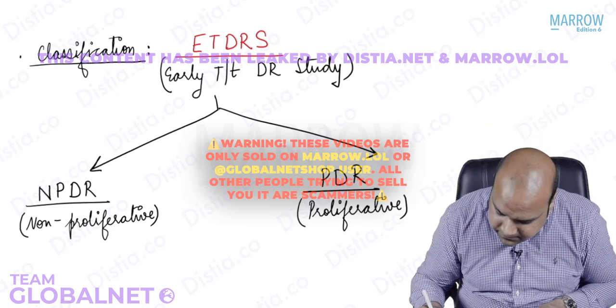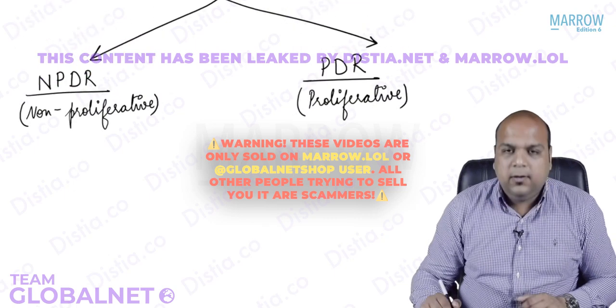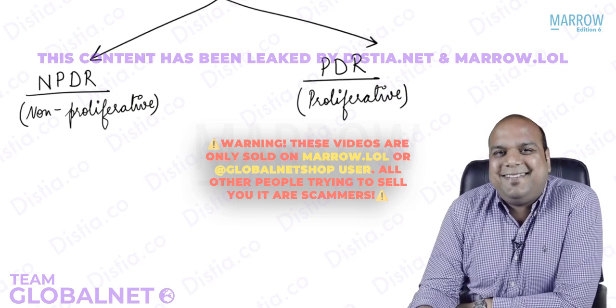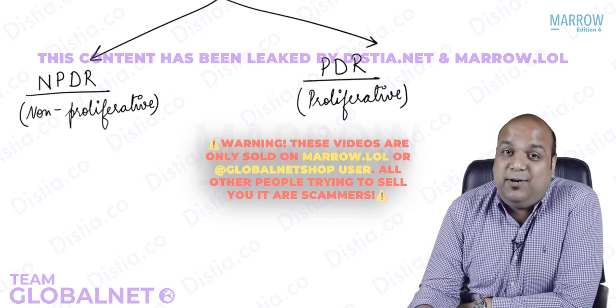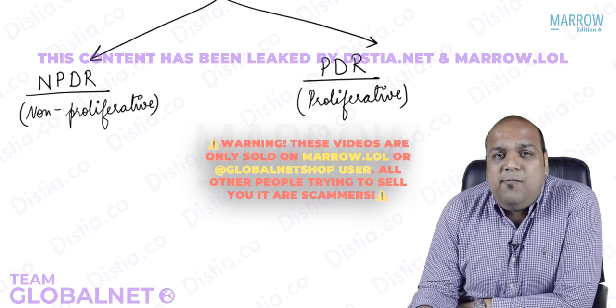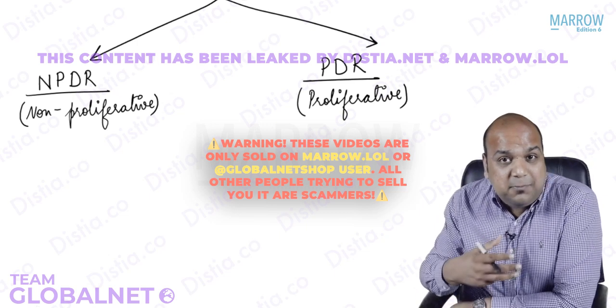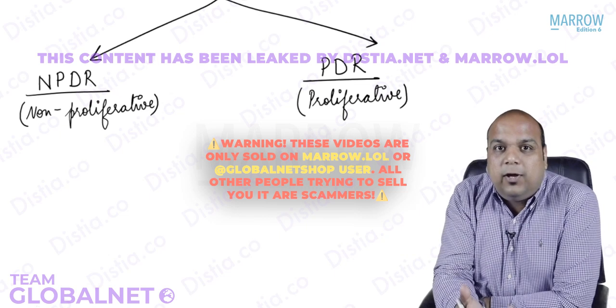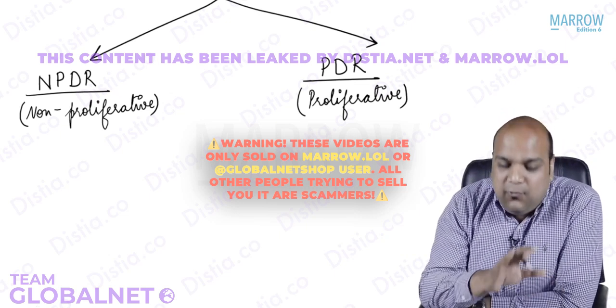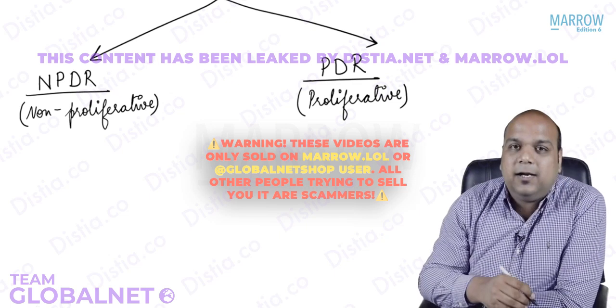No confusion? Now, to understand these two stages, focus on English. Proliferation is the only word which differentiates these two stages. Proliferation means something new growing. What new is growing here? We have just read in the pathogenesis, neovascularization.